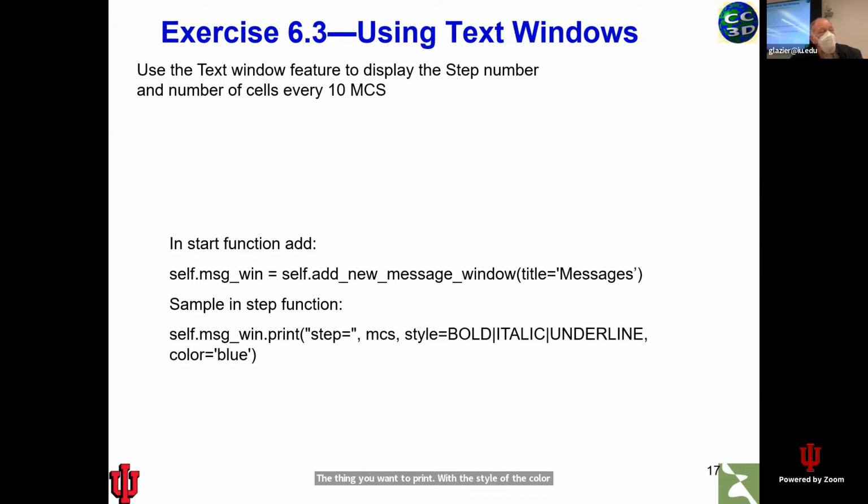And in this case, I'm only printing MCS, but I'd like you to print the number of cells too, so remember how to do that. So that's a little mini exercise. So see if that works for people. Give people a few minutes to do that. Again, a thumbs up when you've got it working would be great. And if you have a problem with it, let me know.